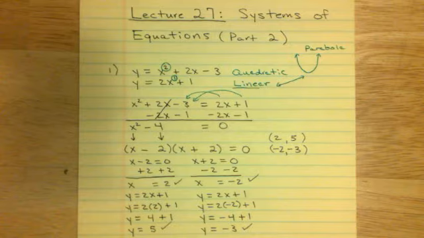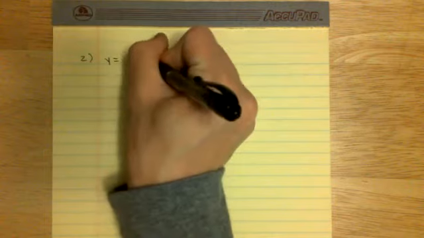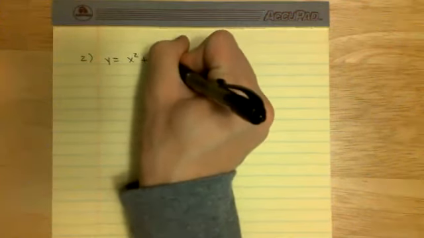Let's take a look at number 2. All right, so number 2 says y equals x squared plus 5x minus 2.